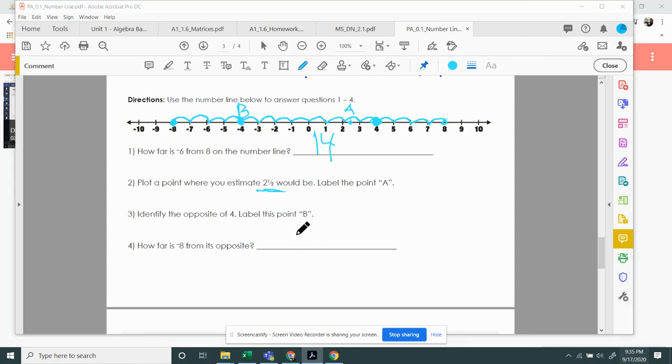Did any of you guess that? And it's not negative, it's positive. These are positive steps that we took. Even though we started out in negative territory, we took positive steps. So how far is -8 from its opposite of +8? That would be 16 units.